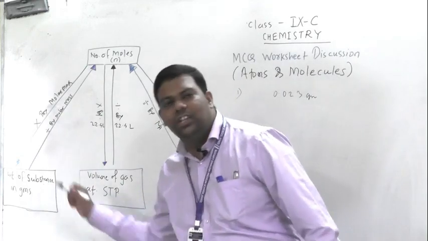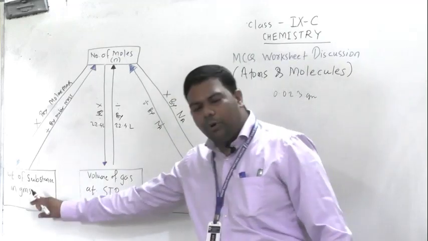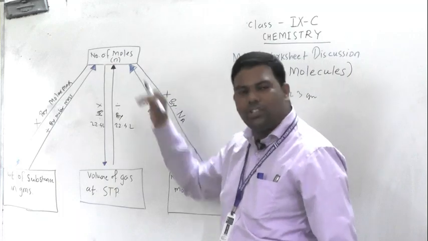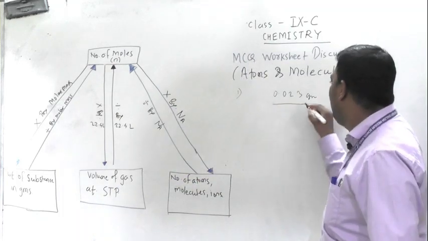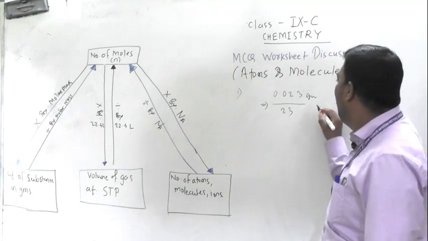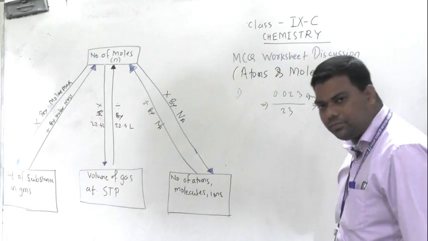Here the weight of the substance is given as 0.023 gram, and first you have to calculate the number of moles. So 0.023 divided by 23 gives 1 into 10 raised to minus 3.